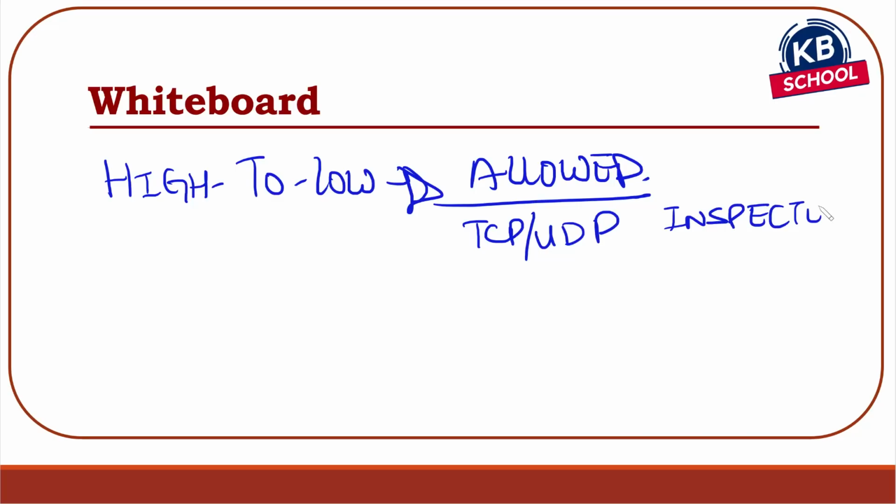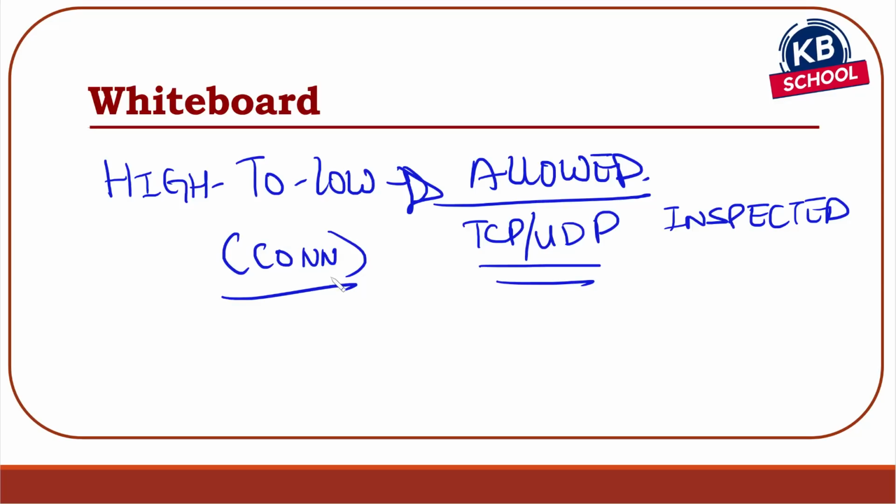It creates a return entry. So the return entry, although it will be coming from low to high, the return traffic will check the connection table and see a connection saying this is return traffic, this was generated from inside, it's returning, let it come through. This is put in your connection table. So on the return, if it's coming from low to high, it says block, but let me make an exception if it's in the connection table, or the other exception is the ACL.